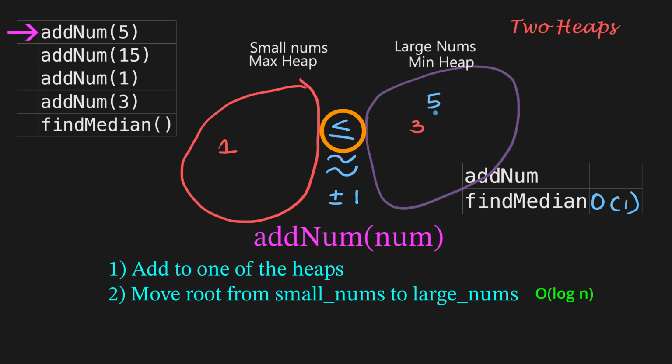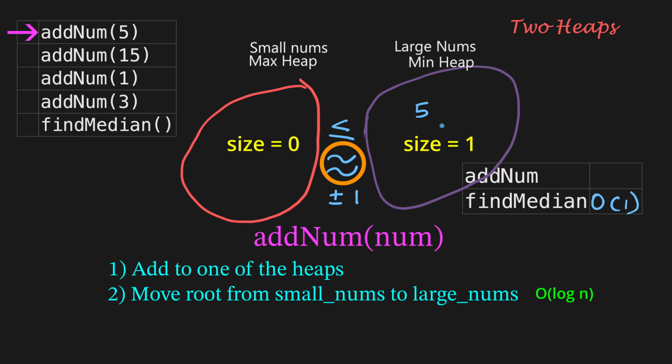This step takes O(log n) time, as removing the max element from the small nums max heap and adding to the large nums min heap both take O(log n) time. So while this fixes the ordering problem, it might unbalance the heap sizes. Our strategy is to keep small nums either the same size as large nums or one element larger.